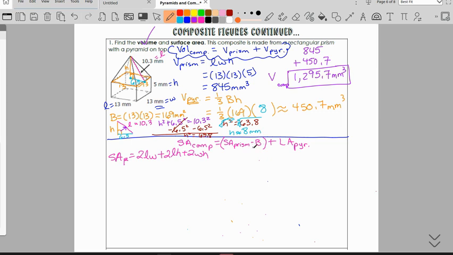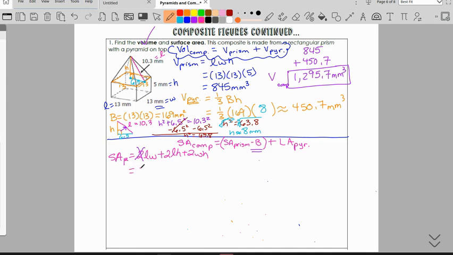The easiest way to subtract this base is to make it not a 2 anymore. We're not going to have 2 length times widths. We're only going to have the one that's still on the bottom surface. We're taking away the base that was on top. So that minus base we did by taking it from 2 down to just one of those bases. Okay, so let's find that part of the surface area of the prism.